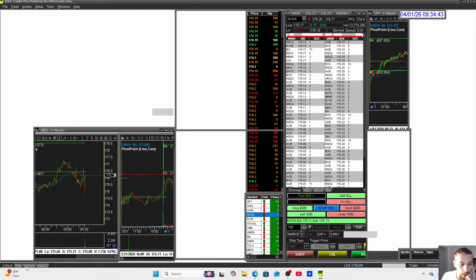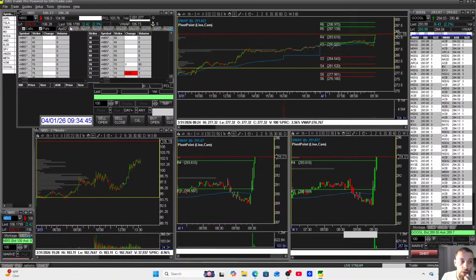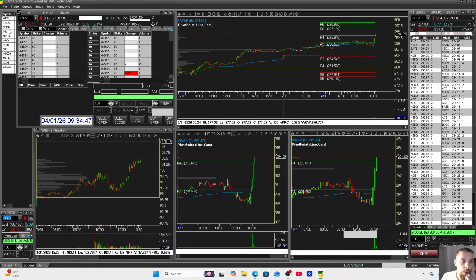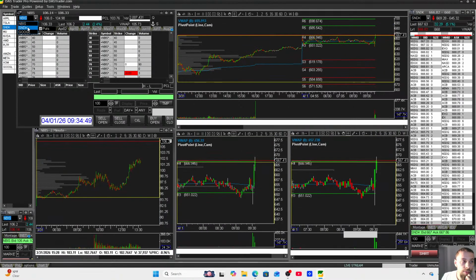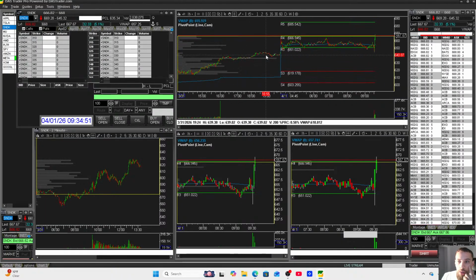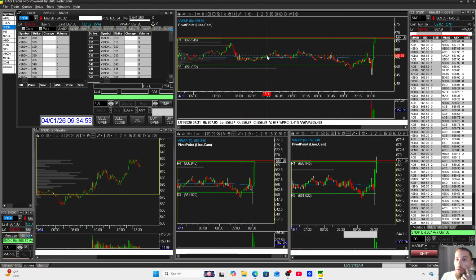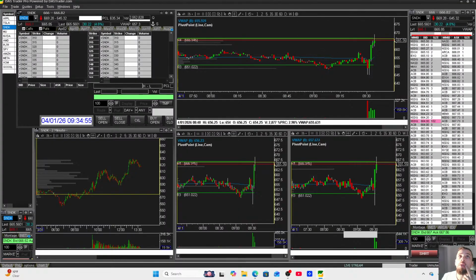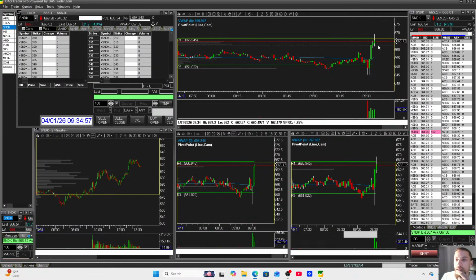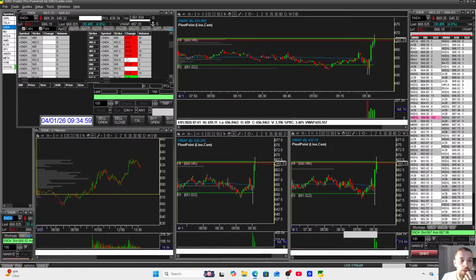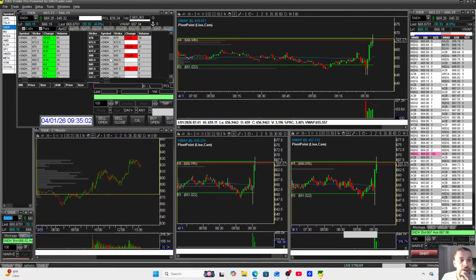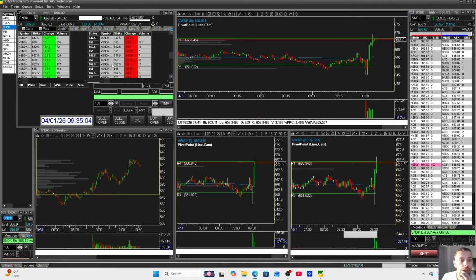Okay, SanDisk has made its way up to our level. Zoom in, zoom in. See what this price action does on SanDisk. Go to the options.